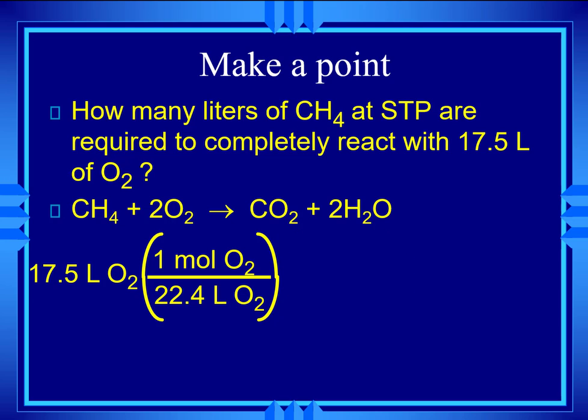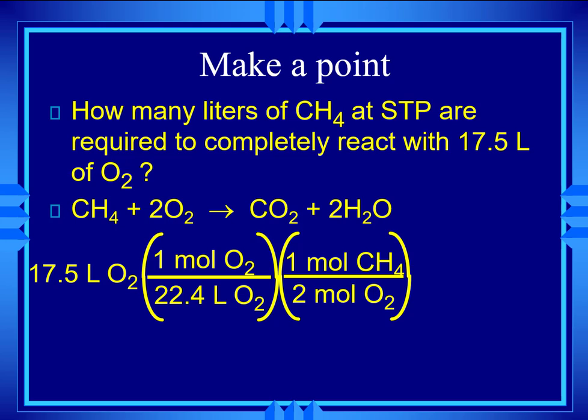Nothing different about that. Now, what unit do I want to get rid of? Moles of O2. Where's it got to go? On the bottom. What can I turn moles of O2 into? Well, moles of CH4. And my balanced equation says for every mole of CH4, I need 2 moles of O2.